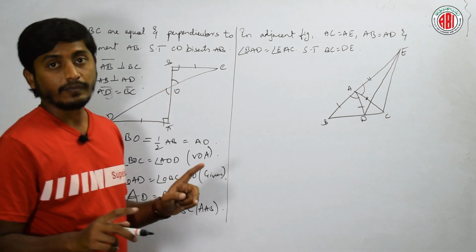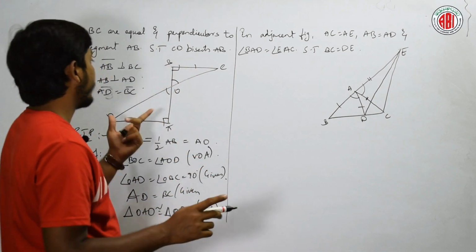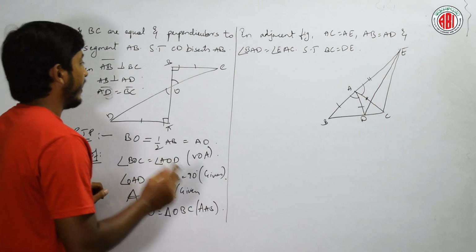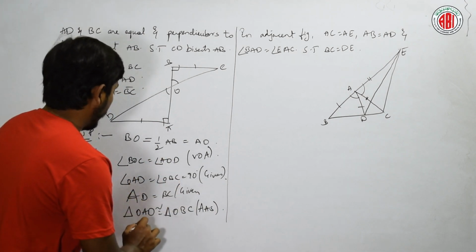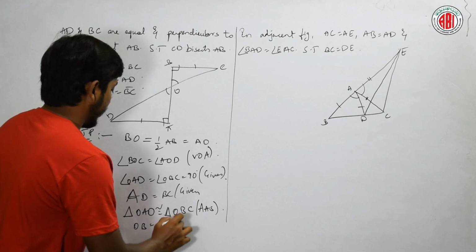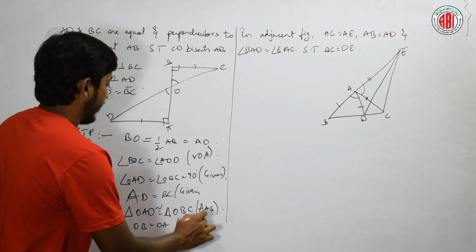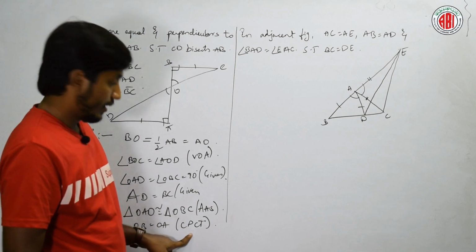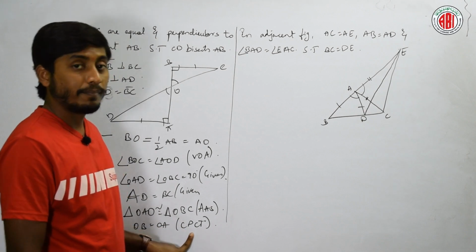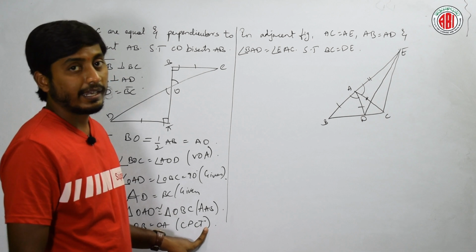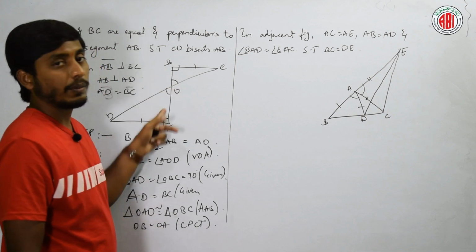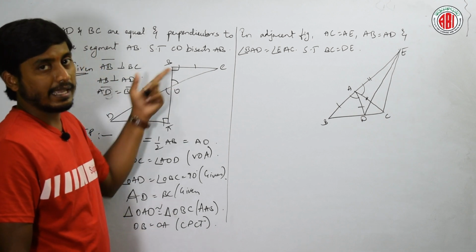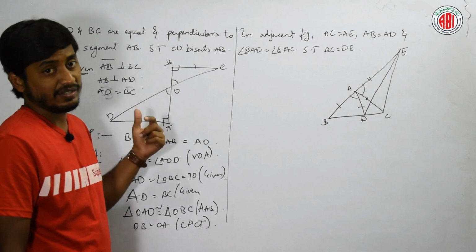Clear? From this, by CPCT we can write OB equal to OA. What is CPCT, tell me? Corresponding parts of congruent triangles, that is, the sides are equal. These are corresponding sides, right?